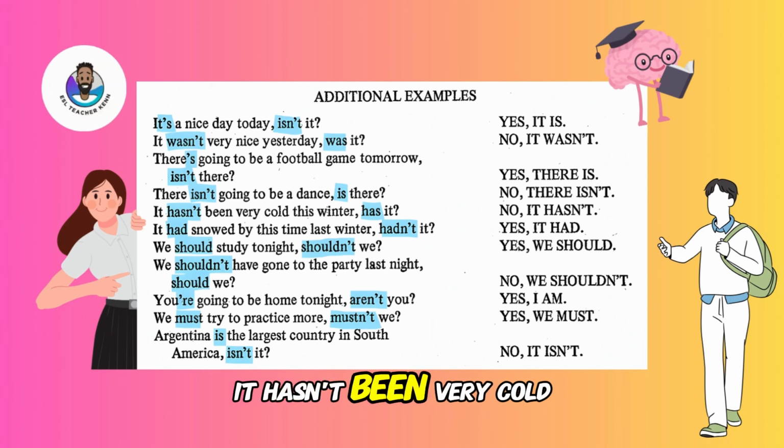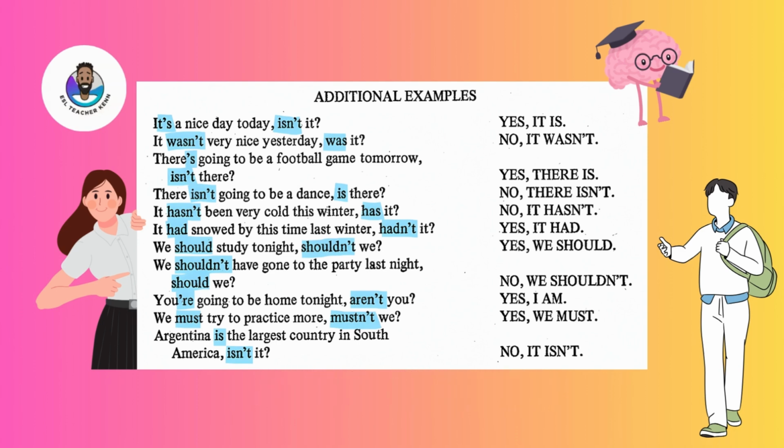It hasn't been very cold this winter, has it? No, it hasn't. It had snowed by this time last winter, hadn't it? Yes, it had. We should study tonight, shouldn't we?